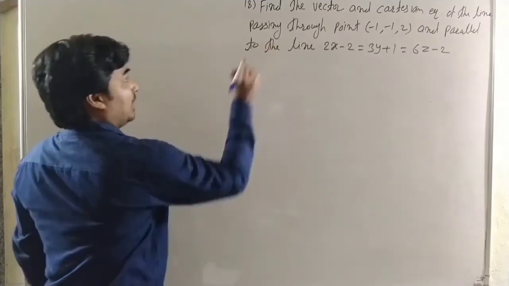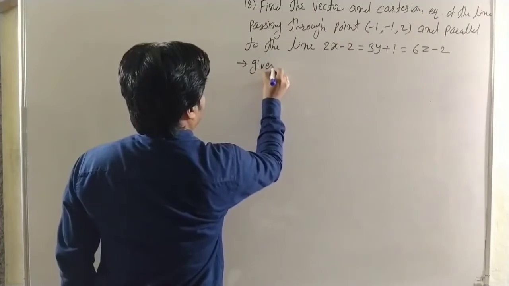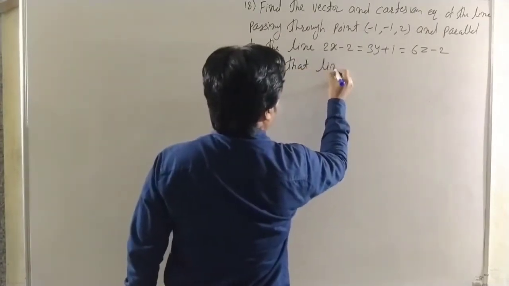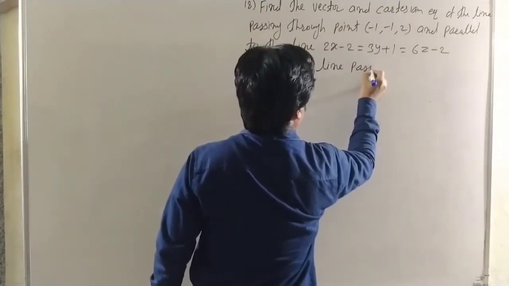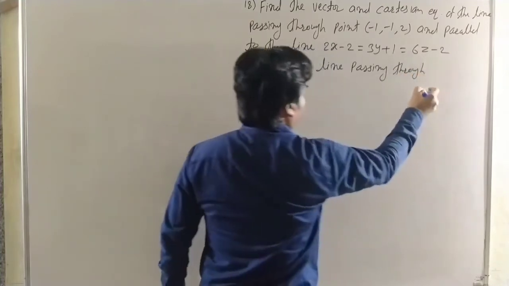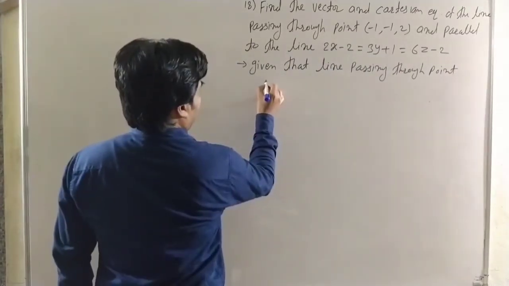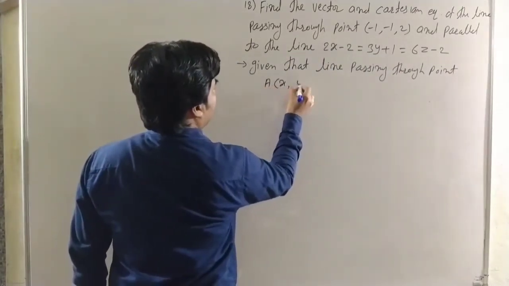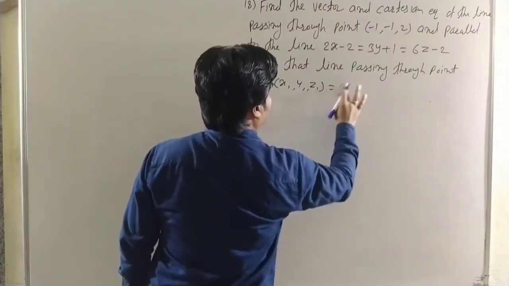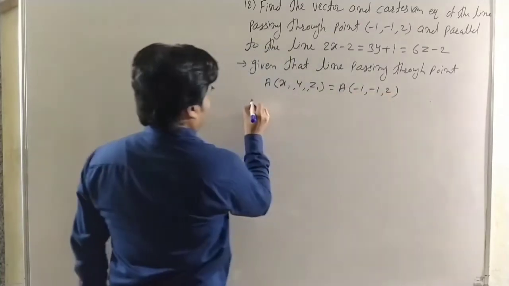Here the line passes through the point (x1, y1, z1) which is (-1, -1, 2).